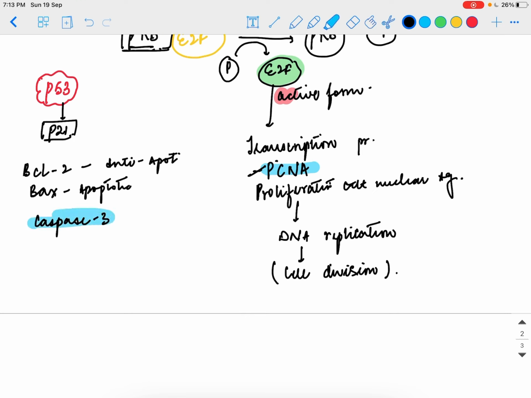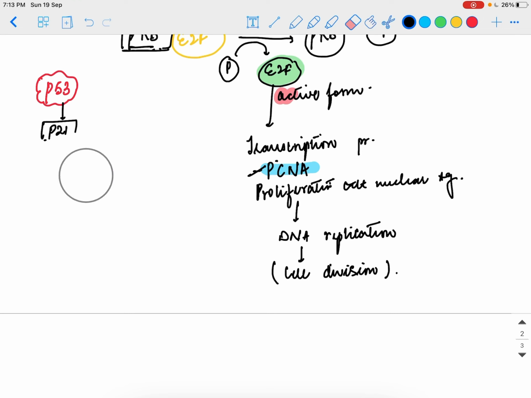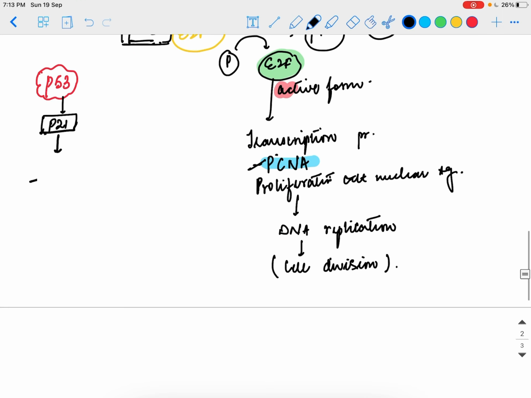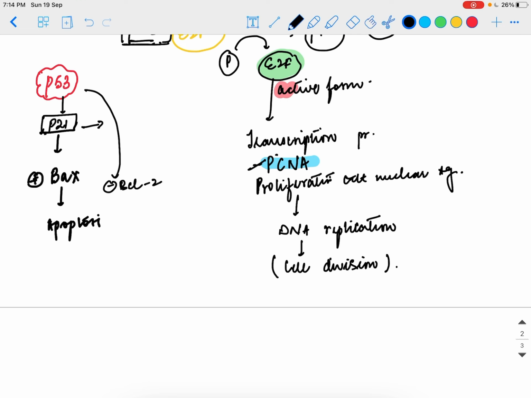We have an enzyme called caspase 3, which is responsible for apoptosis, that is, programmed cell death. The function of p21 is to activate the BAX gene, which will lead to apoptosis of the cell. Very importantly, p53 blocks BCL2.